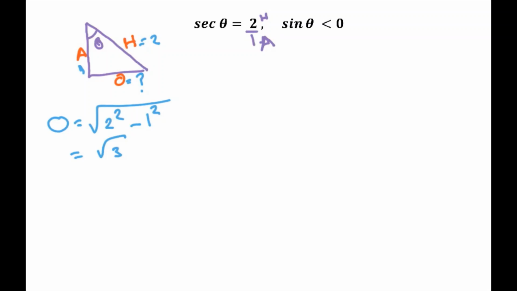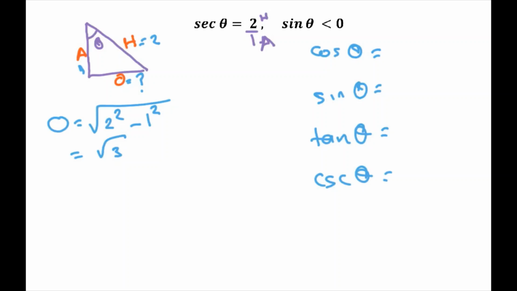Now we can create our cosine theta, sine theta, tangent theta, cosecant theta, and cotangent theta. Cosine is adjacent over hypotenuse, sine is opposite over hypotenuse, tangent is opposite over adjacent, which is square root of 3.